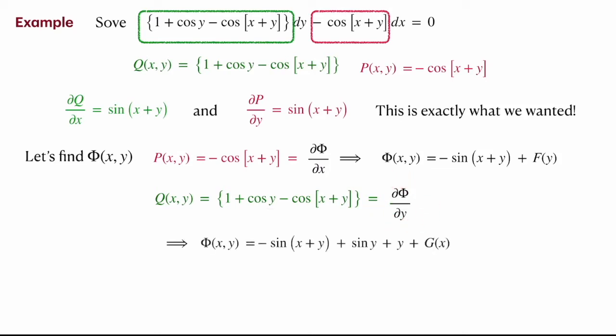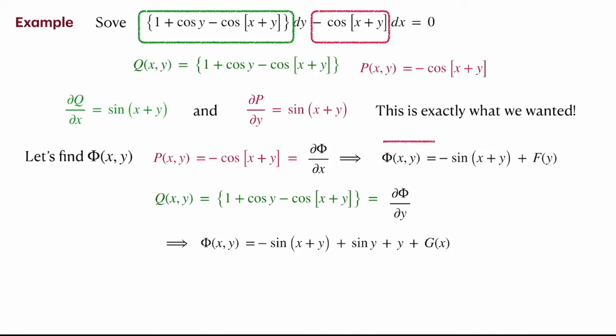We can integrate this, and we obtain phi of x, y is equal to minus sin(x plus y), that is coming from this term, and then we have a sin y that is coming from this term, and then we have simply y which is coming from integrating 1, and then we have to add an arbitrary function g of x.